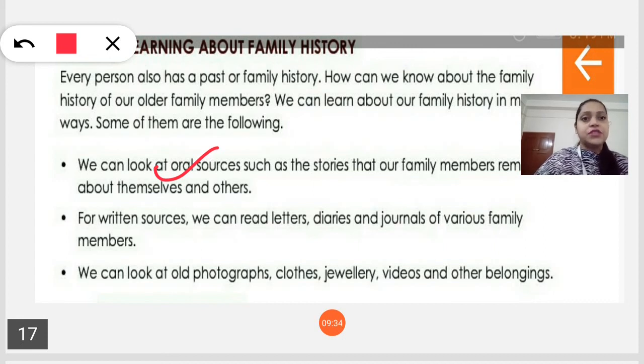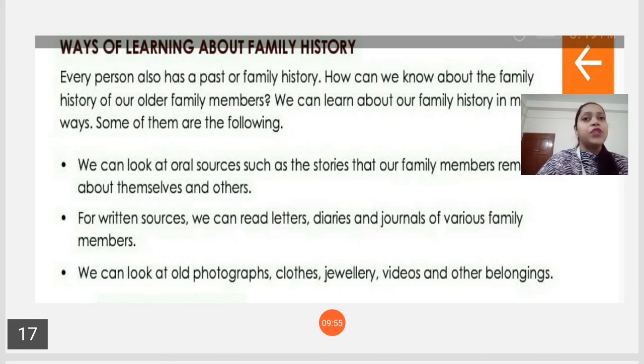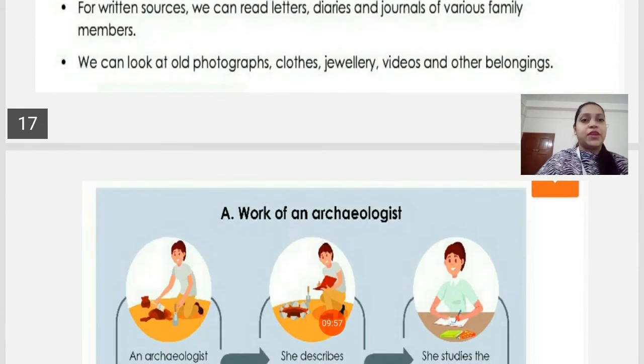Then through written sources like letters, diaries and journals of various family members, we can know about our own family history. And also, very important, through old photographs, clothes, jewelry, videos and any other belongings of our parents, grandparents, uncles and aunts, we will be able to know about family history.